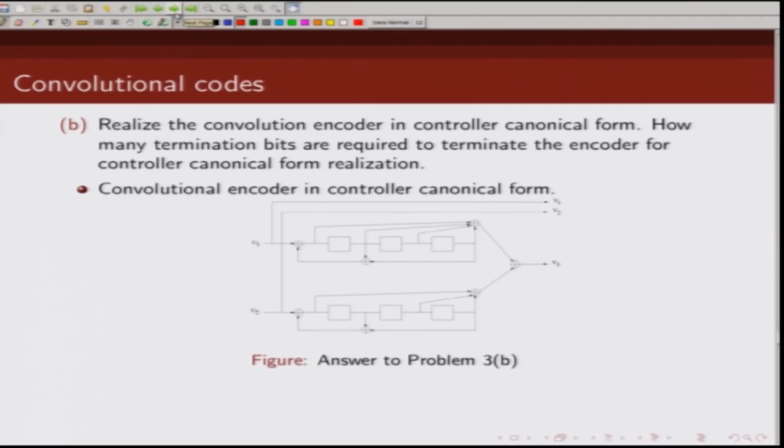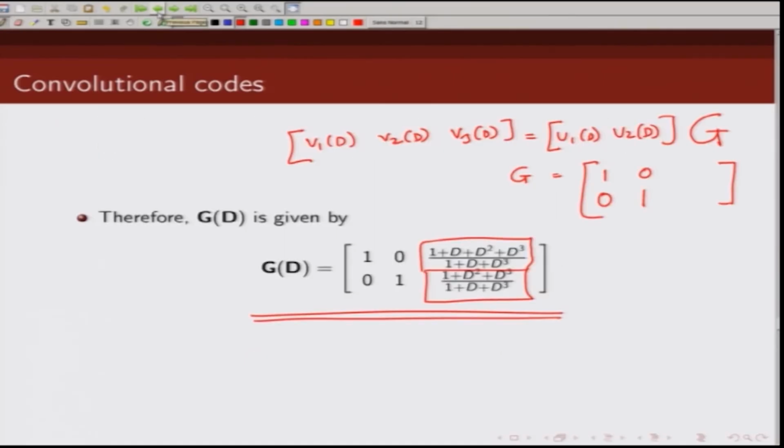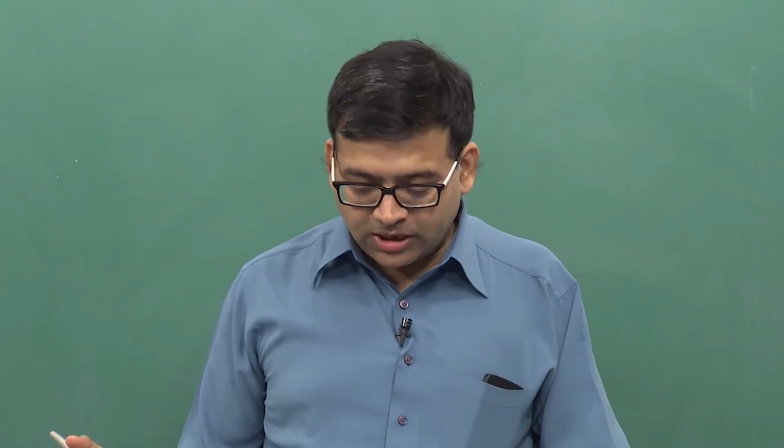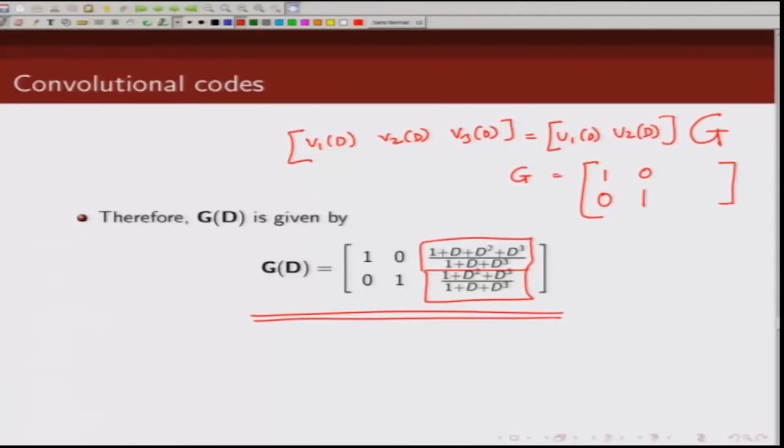Now, the next question is, can we realize this encoder in the controller canonical form? So, the answer is yes, we can realize it. We already have the expression for the generator matrix. To realize it in controller canonical form, there is one set of shift registers for each input.